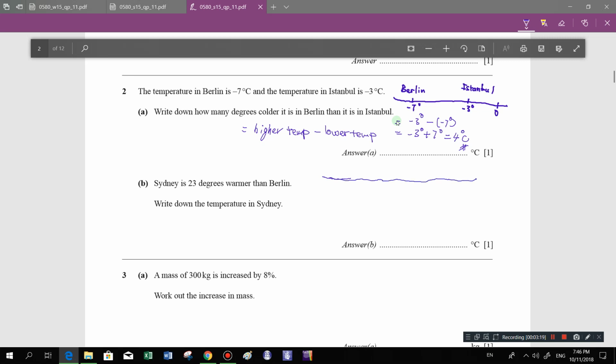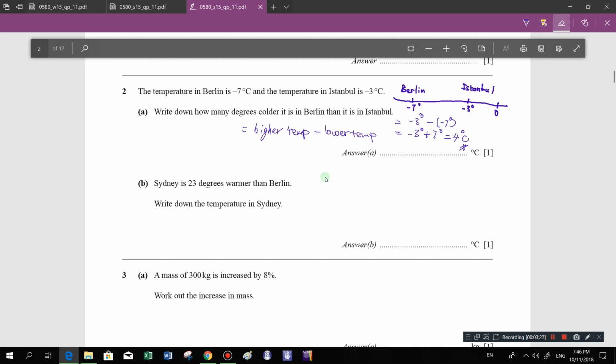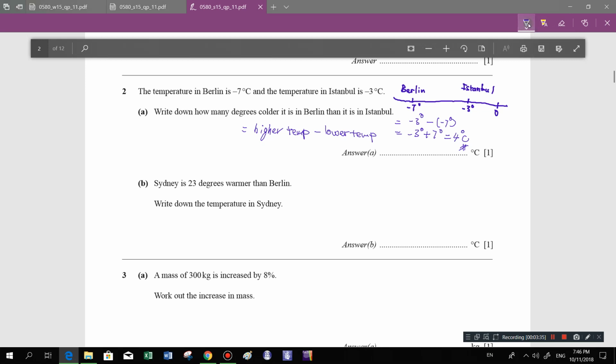So you have a number line. Berlin is minus 7. It's Berlin. Okay, now let's say this is Sydney.